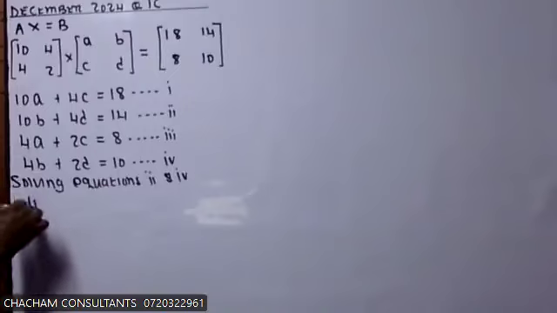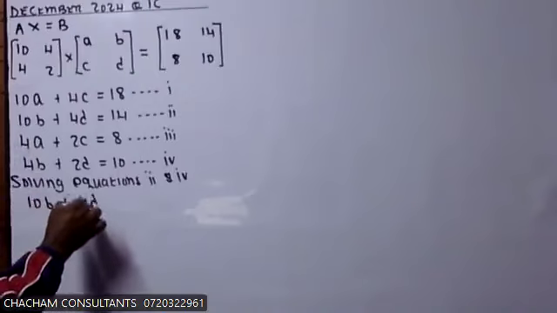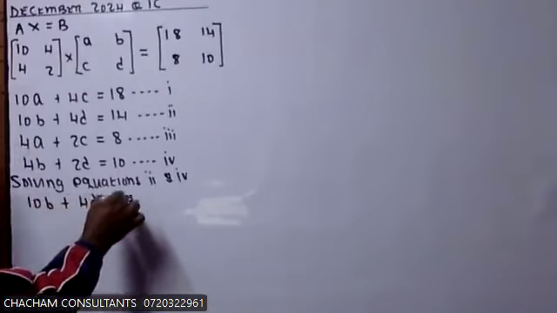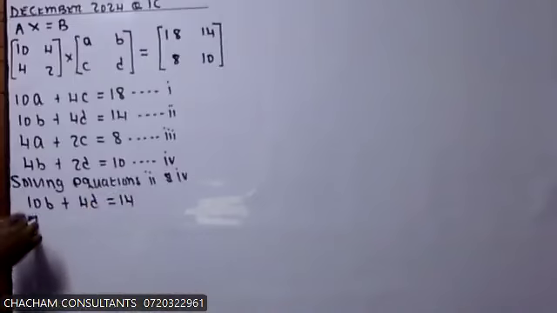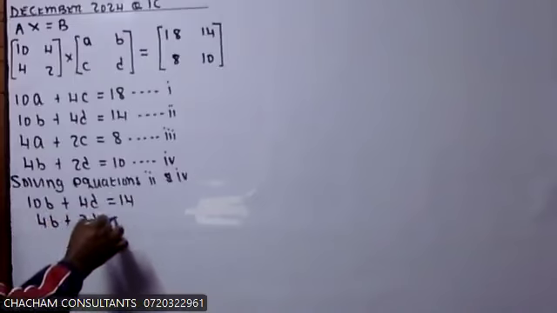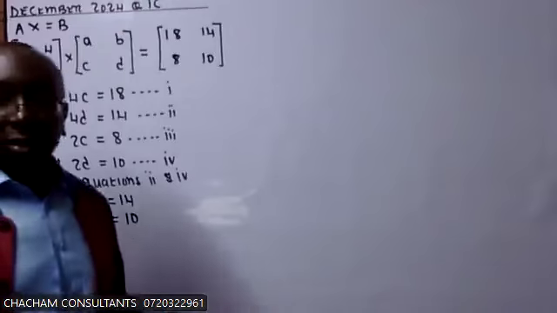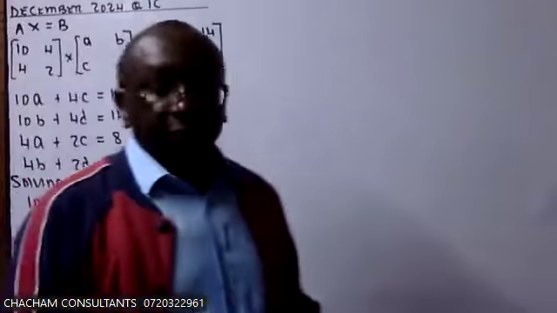So this is 10b plus 4d is equals to 14. Then 4b plus 2d is equals to 10. So those are the two equations.